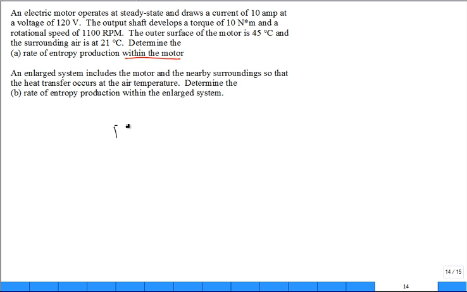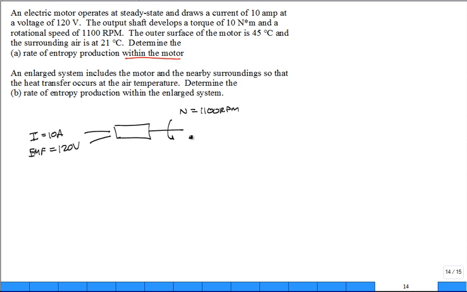So the motor, we have electric power given amps. Let's put different symbols for EMF, electromotive force of 120 volts. And then a shaft rotating at a rotational speed, 1100 RPM.